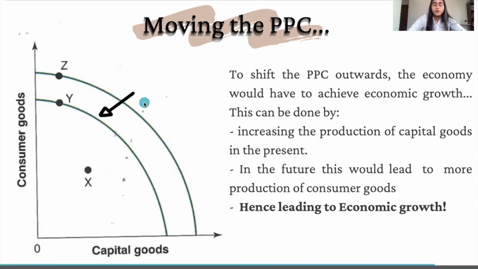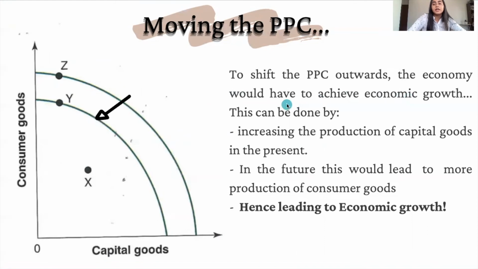It is possible, but to do that, the economy would have to achieve economic growth. And this can be done by increasing the production of capital goods in the present. Therefore, in the future, this would lead to more production of consumer goods. Hence, this would lead to economic growth.